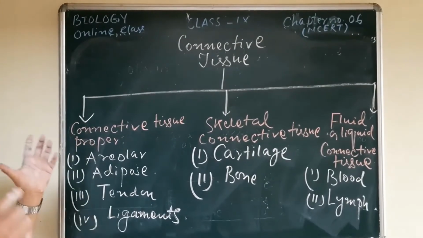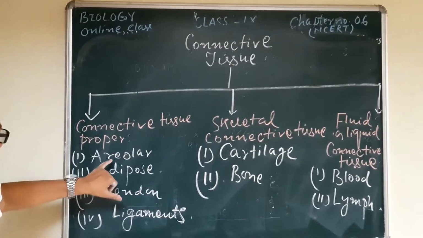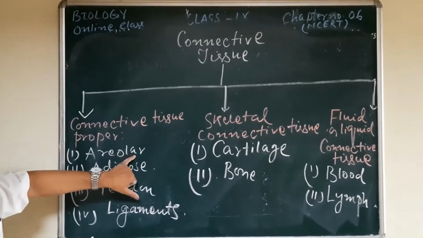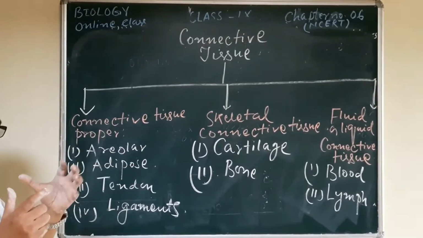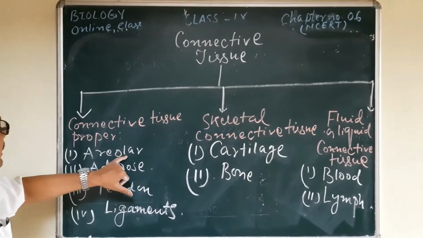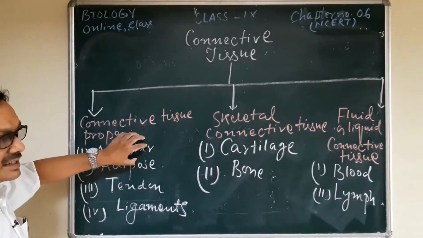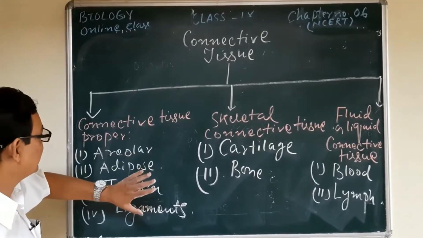It may be present between the different organs and pack the tissue, like areolar is present between the skin and the different tissues, and around the blood vessels, around the nerves, etc.